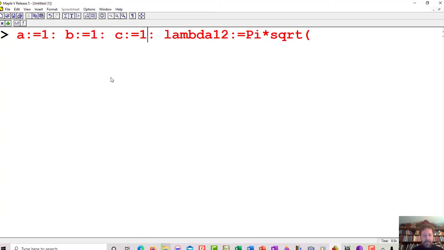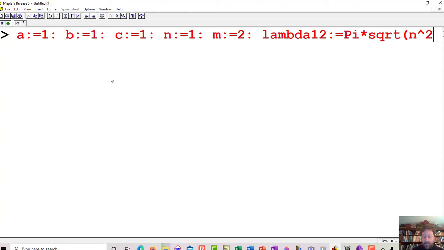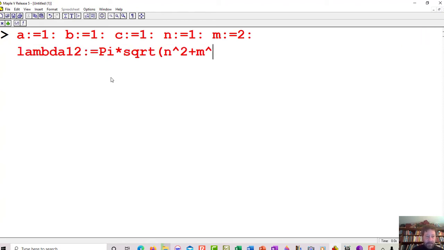Let's choose n to be 1 and m to be 2. So this will be pi times the square root of 5, 1 n squared plus m squared, since a and b are both 1.